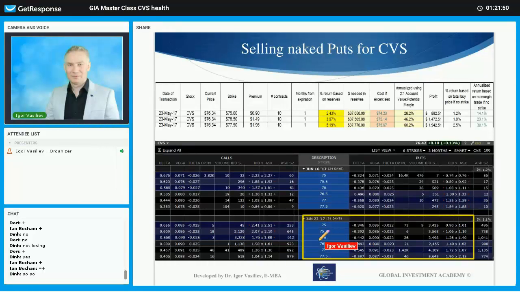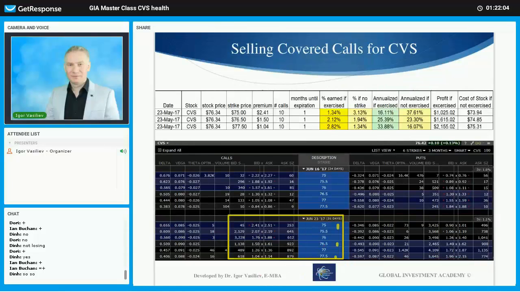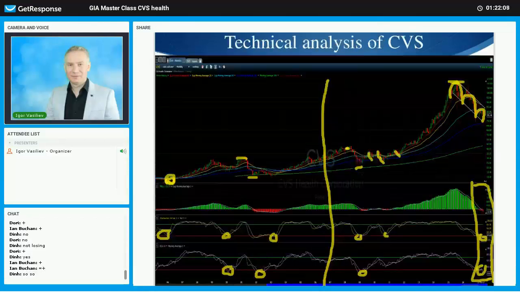In this case, I have to have this amount of money on my account, or margin, to have the opportunity to buy it. But why would that person give me money for that? The reason is that the person looks at the technical analysis and thinks, oh my goodness, it can go to 65.